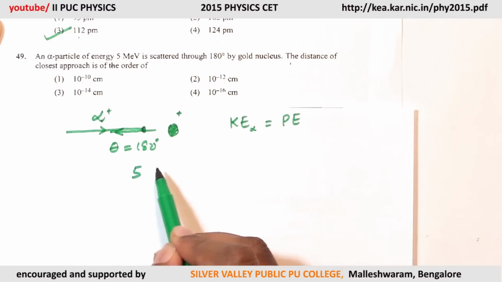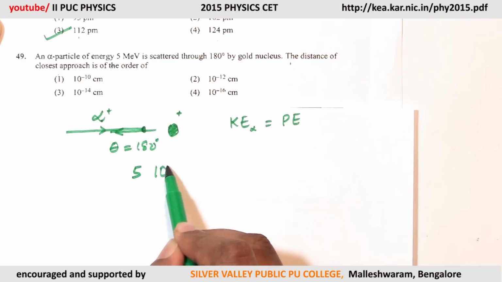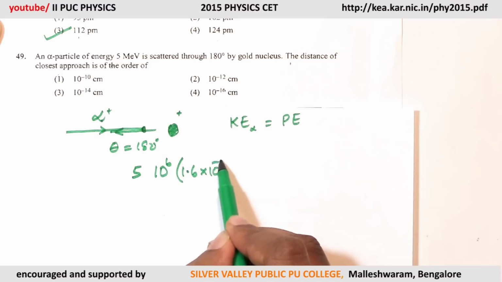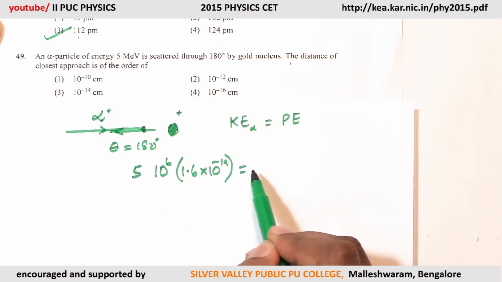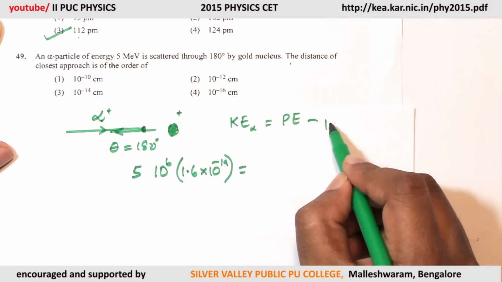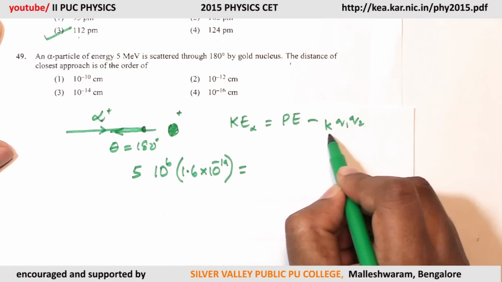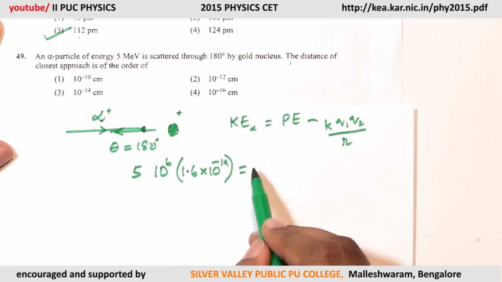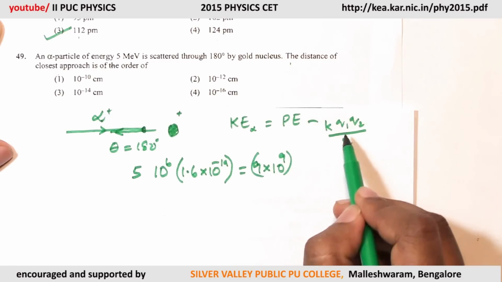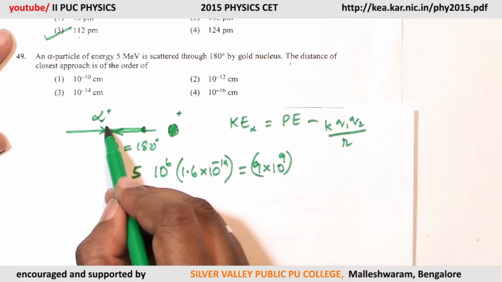5 mega is 10 power 6. Electron volt to joule means 1.6 10 power minus 19, into potential energy of system of charges. Two charges means constant Q1 Q2 by R. Constant is 9 10 power 9. One charge is charge of alpha.